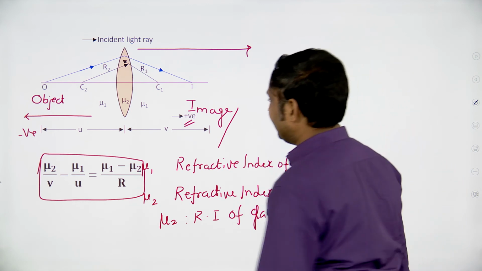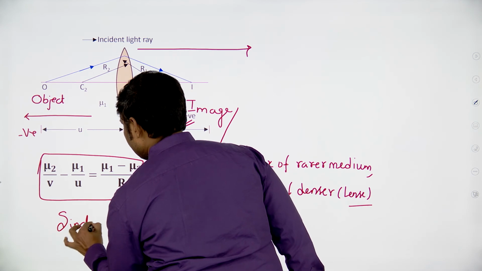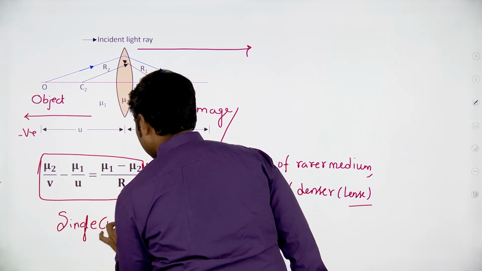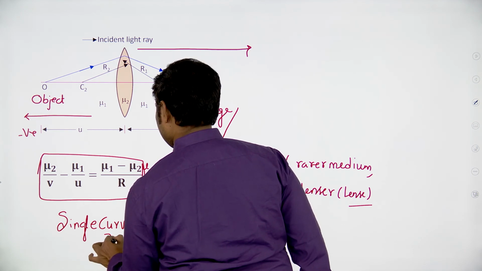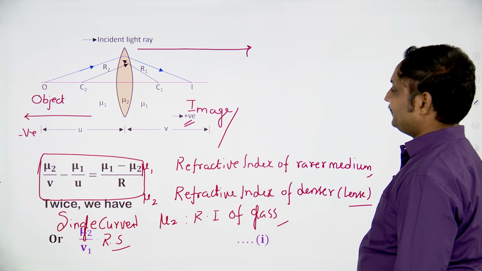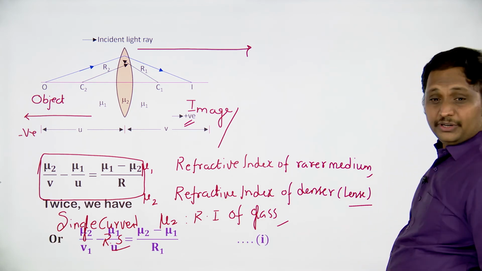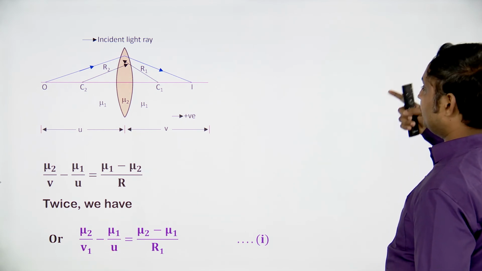That is for a single curved refracting surface. Let's have a look at that matter. We have to apply it twice.